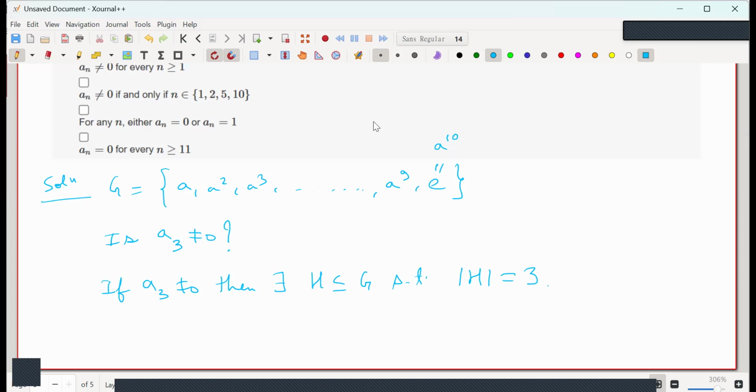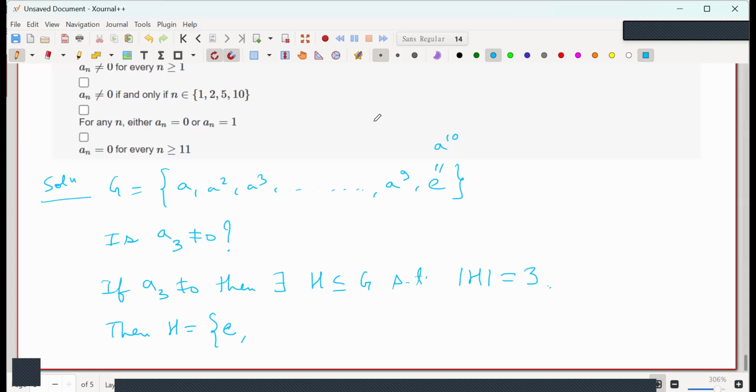Yes, sir. I'm sorry. Makes sense. So what is the possibility for H? It should contain E and, let's say, A square, or A square and A7, something like that. First of all, identity should be there, right? Yes, sir.